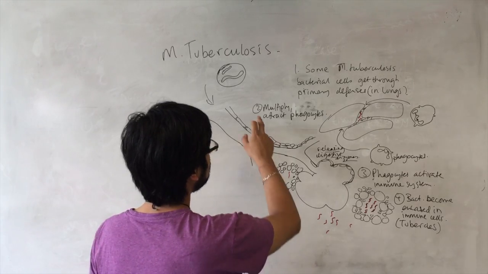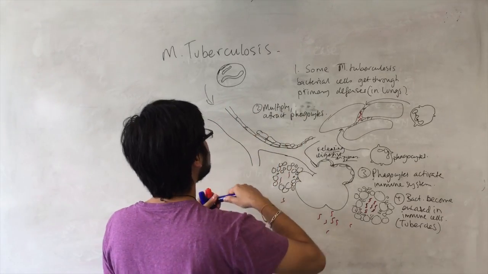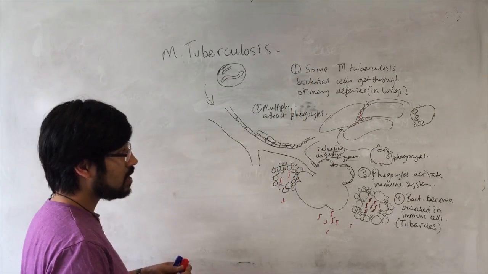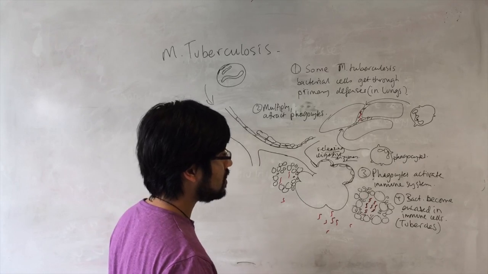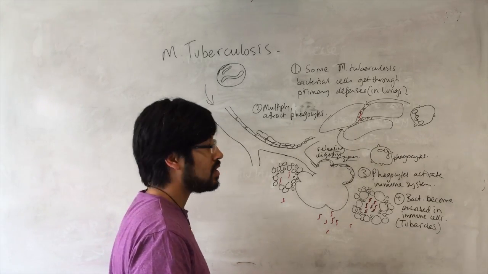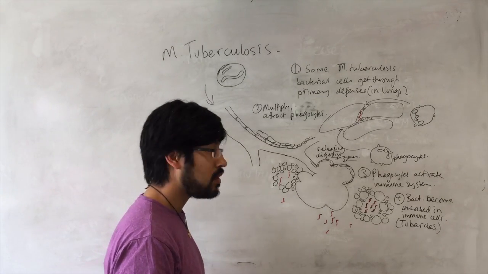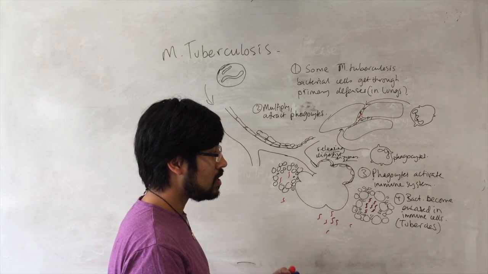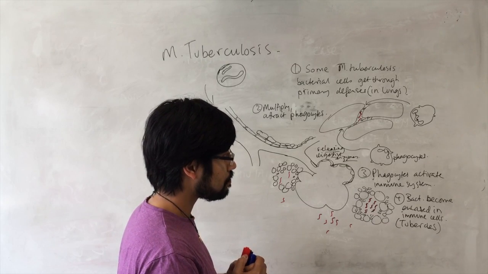Okay, so remember these steps. Essentially you could say that the bacteria are causing a problem because they are attracting the cells of the immune system, the lymphocytes and the phagocytes.